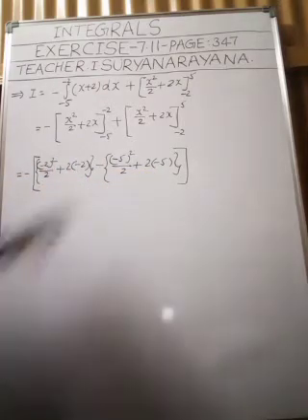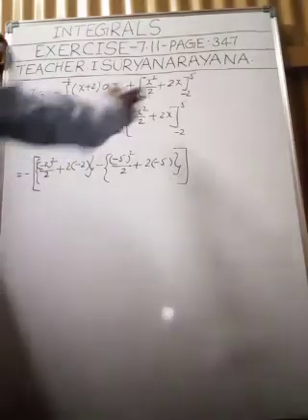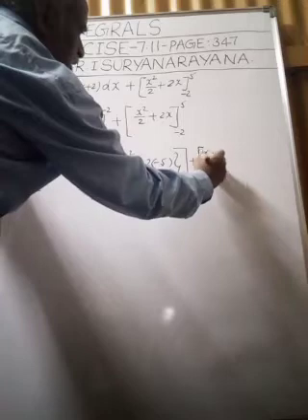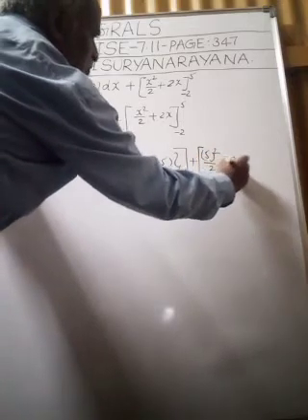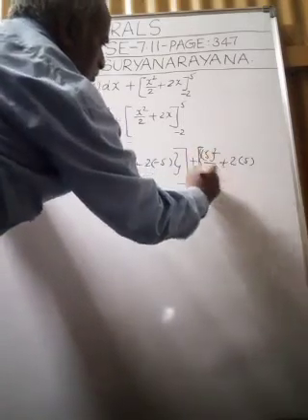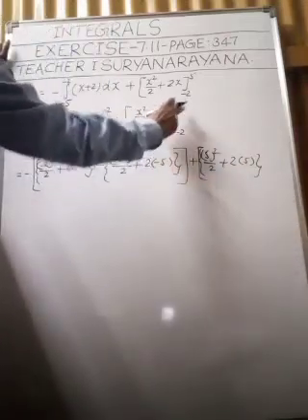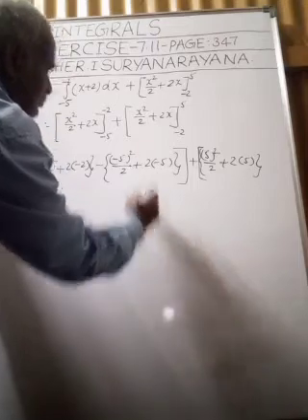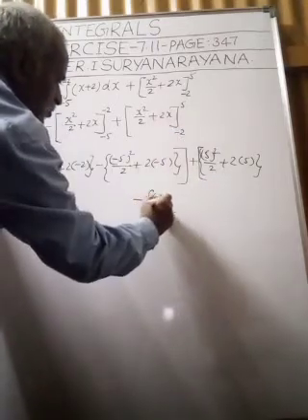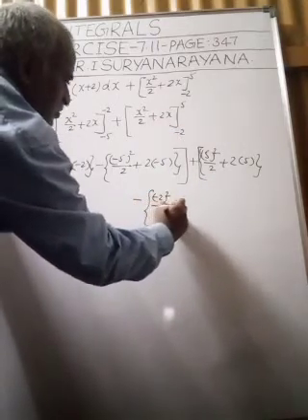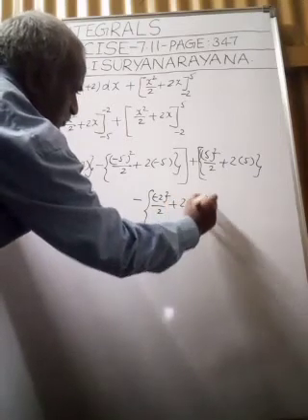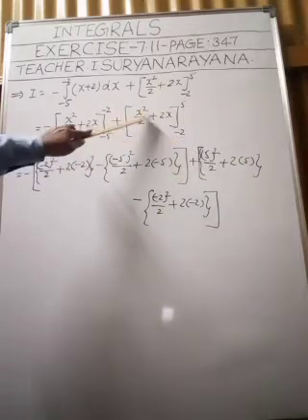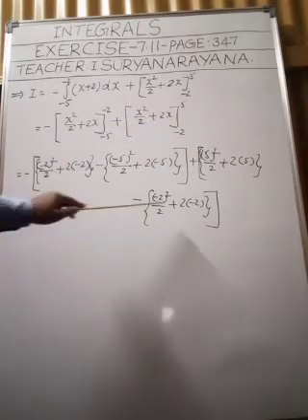Similarly, for this function, we apply upper limit minus lower limit. 5 whole square by 2 plus 2 into 5. In this function, I substituted upper limit 5 minus 2 whole square by 2 plus 2 into minus 2. In the same function, I substituted lower limit. Understood this step, my children?